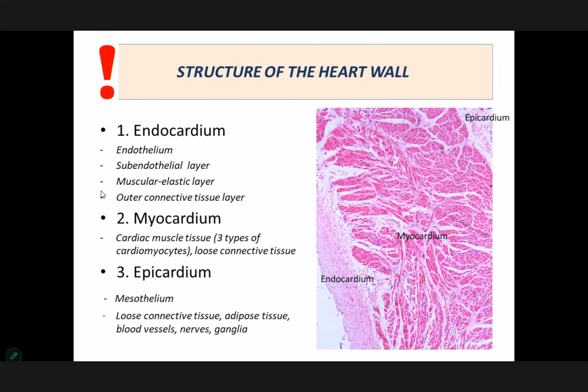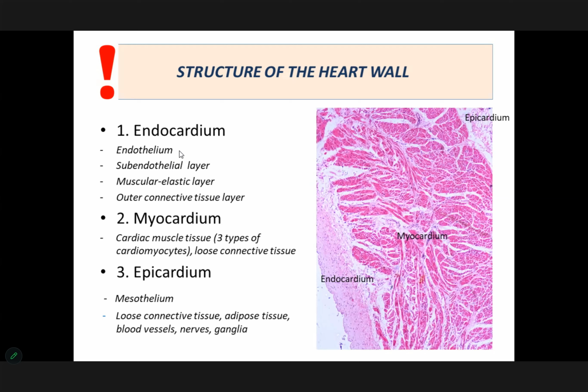Inner layer, endocardium. It consists of 4 sub-layers. Here in the picture, this is the endocardium. It consists of endothelium, subendothelial layer, muscular elastic layer, not well seen in our preparations, and outer connective tissue layer. 4 layers.